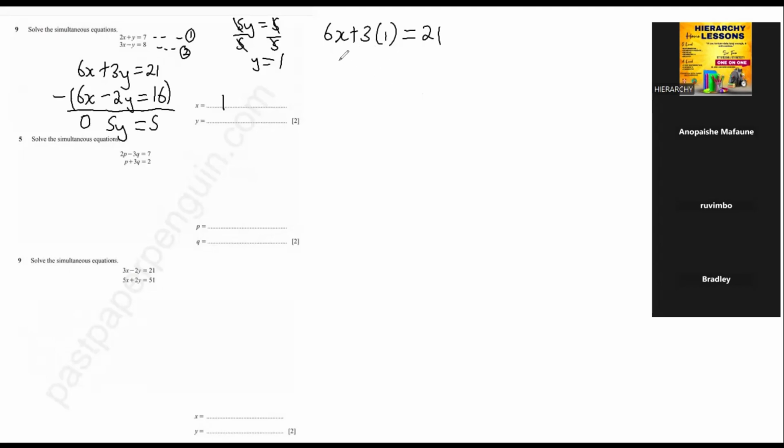Then we subtract 3 from both sides, so 6x is equal to 21 minus 3, which is 18.